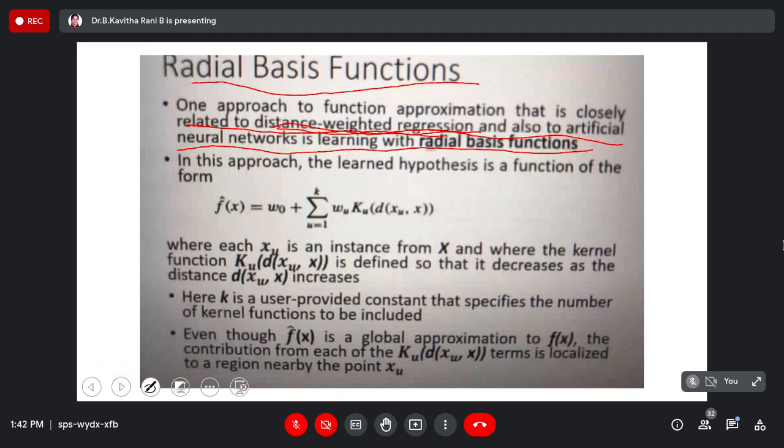So K_u is nothing but your kernel function, d is the distance between the new instance and the old instance. And w_0 is a constant value. Okay, w are the different weights which we will be assigning to different instances, different attributes. Okay, so this is the formula which we will be using for the radial basis function.